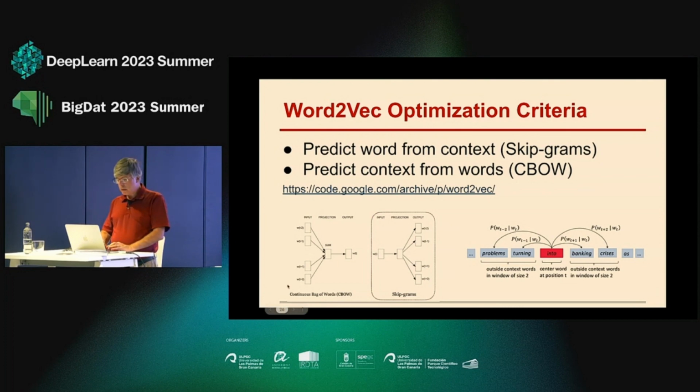The truth is that there are two different optimization criteria that word2vec would use. Actually, let me make sure I get this right.